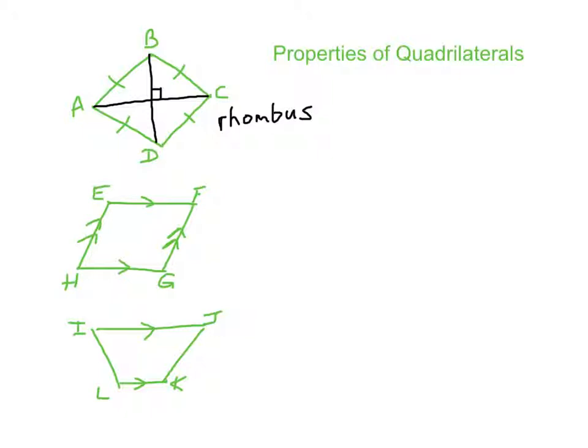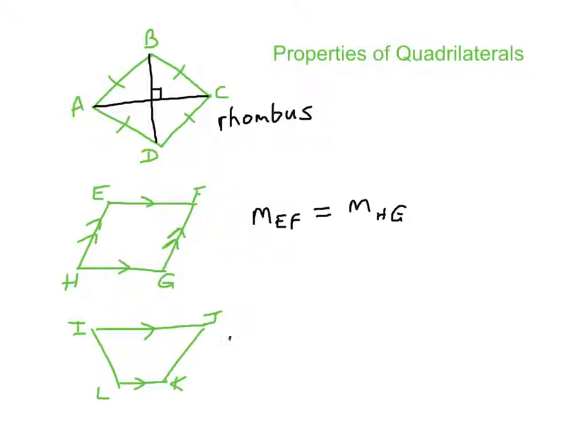In the parallelogram, the opposite sides are parallel. So the gradient, for example, of EF would equal the gradient of HG. Parallel sides would have the same gradients.